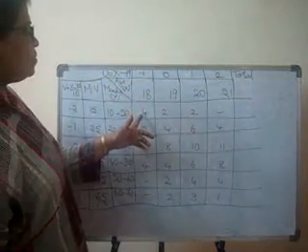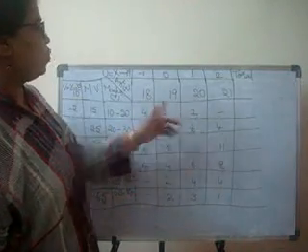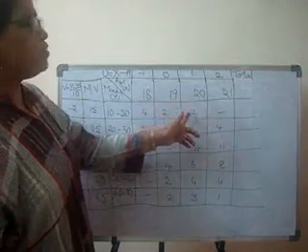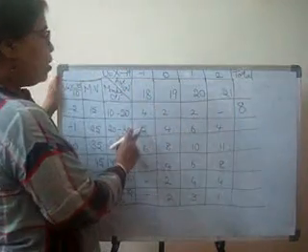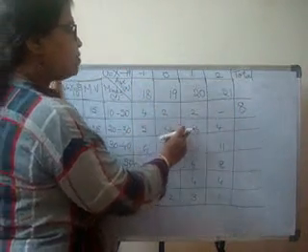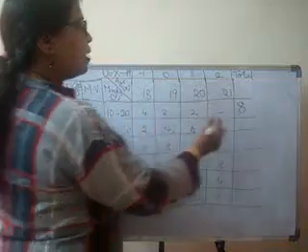So frequency starts here, 4 plus 2 plus 2. 4 plus 2 is 6, 6 plus 2 is 8. Here, 5 plus 4 plus 6 plus 4, 10, 9, 19.